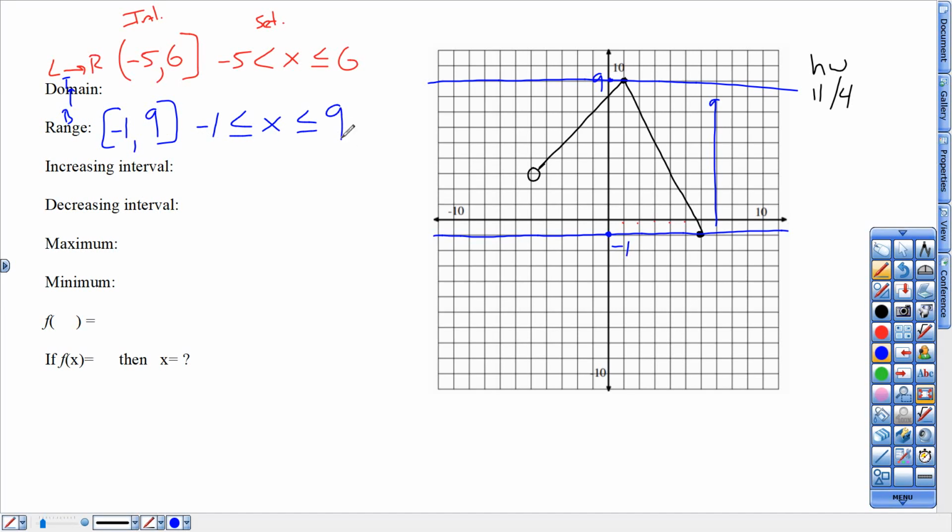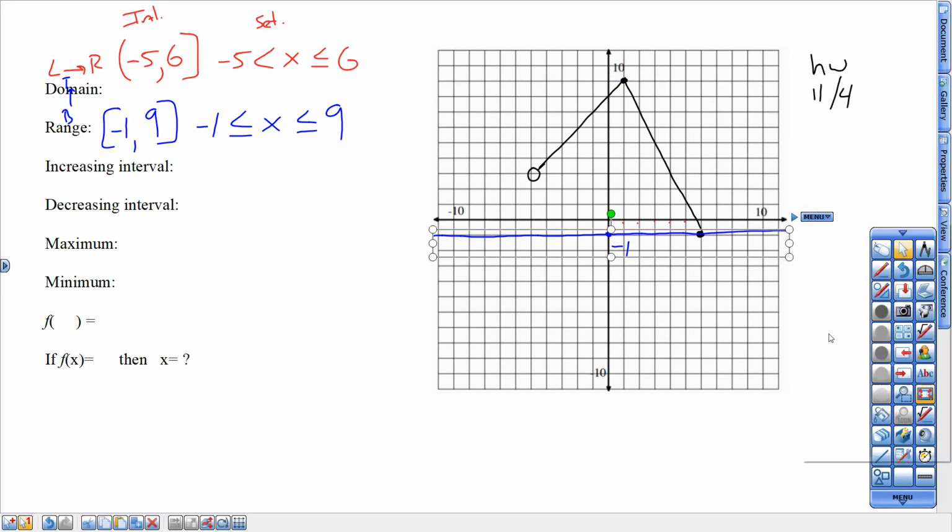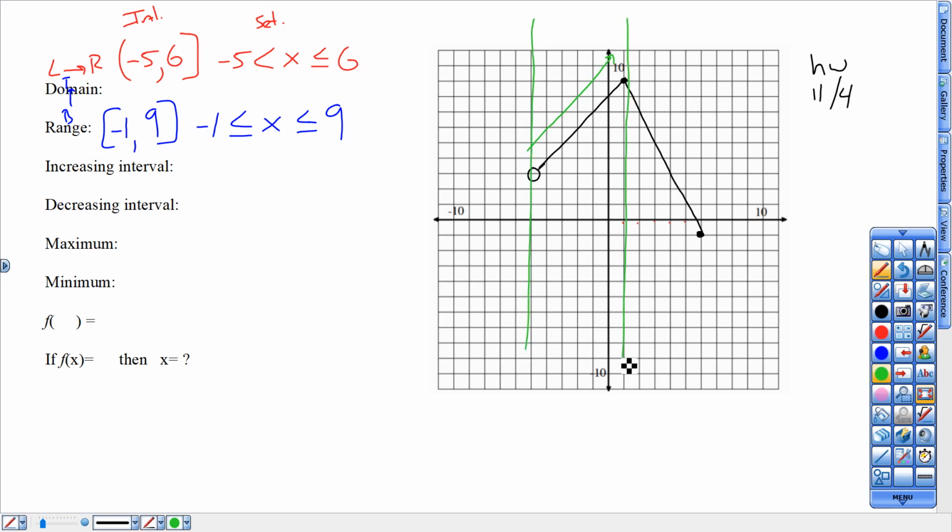Increasing interval, that's the part of the graph where it's going up from left to right. So let me erase this stuff here. If I look, the increasing interval is this section where it's going uphill, bordered by an imaginary up and down line going through the x-axis, and it's those x-axis numbers that I'm using for my border.